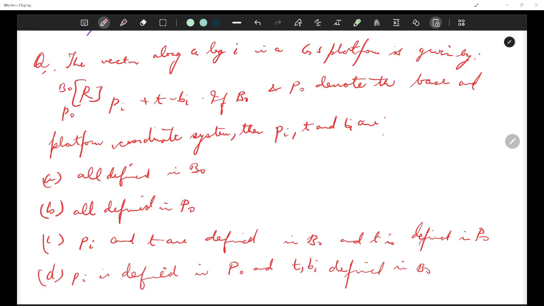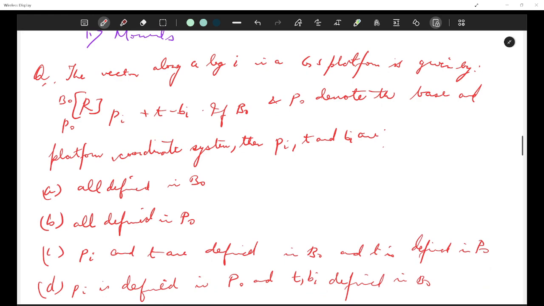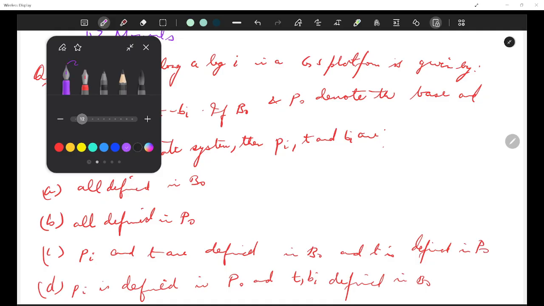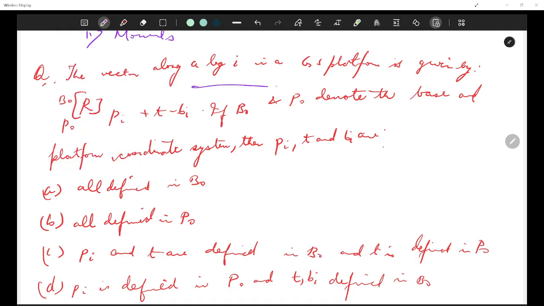So what is the correct option? This is again a conceptual question. So the vector along the leg i, hold on, the vector along the leg i is given by this.